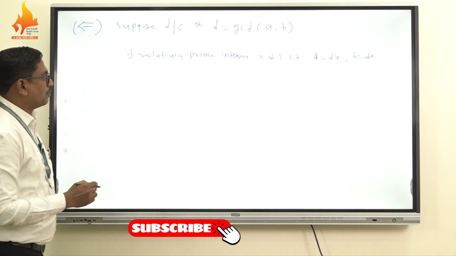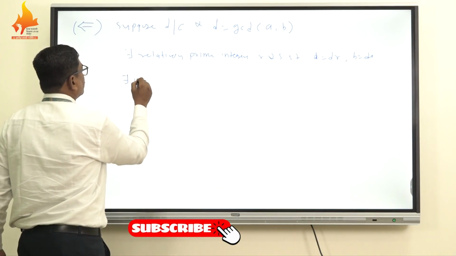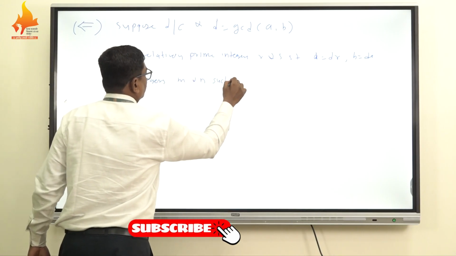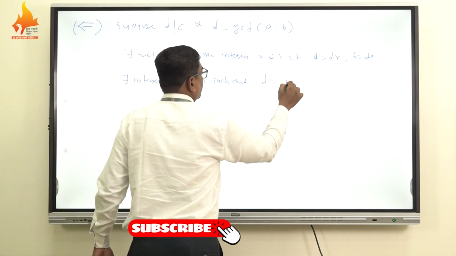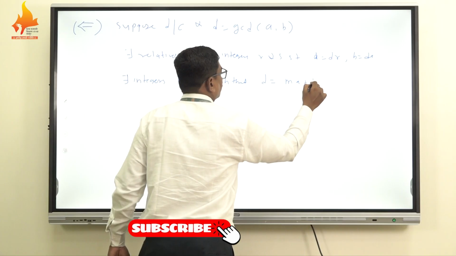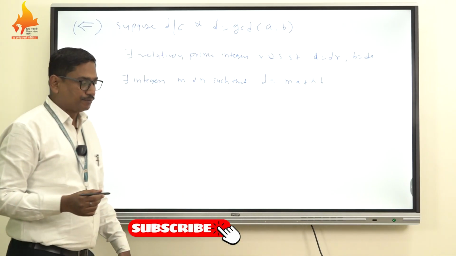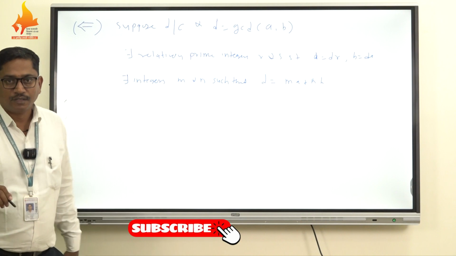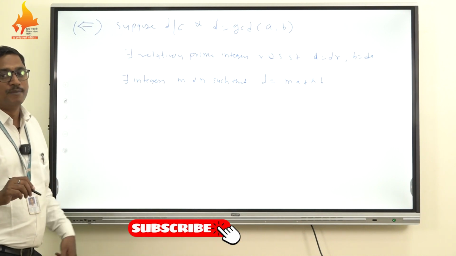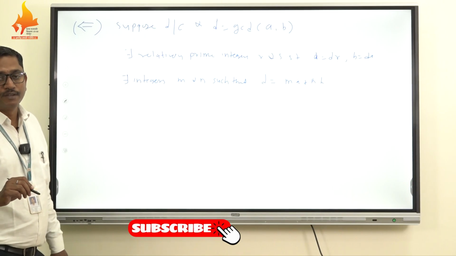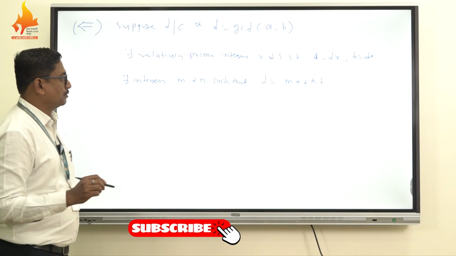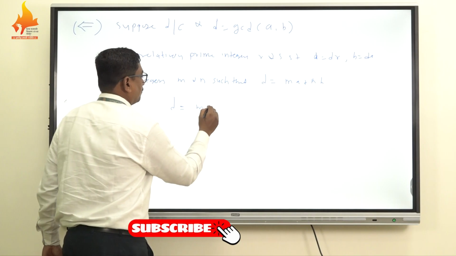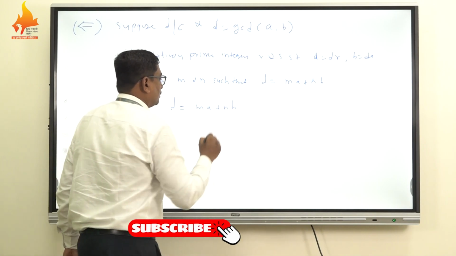Since D is the GCD of A comma B, there exist integers m and n such that the GCD can be expressed as a linear combination of these two numbers A and B. This m and n can be found from the division algorithm, so that D can be expressed as a linear combination of the given integers A and B. That theorem gives us integers m and n satisfying this.